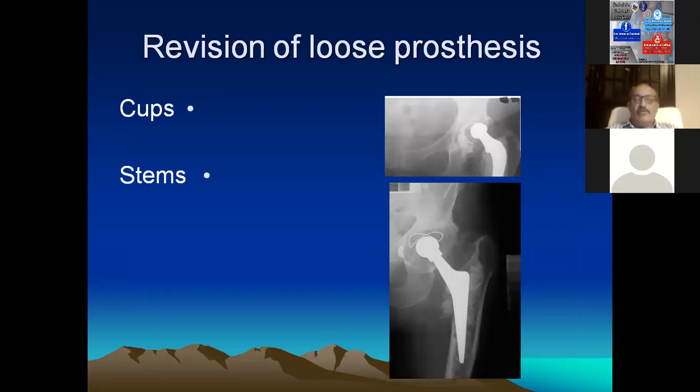If we talk about loose prosthesis, which is the main reason in all registries, either cups or stems, they are a very serious problem, and these are the most common reason for revisions.